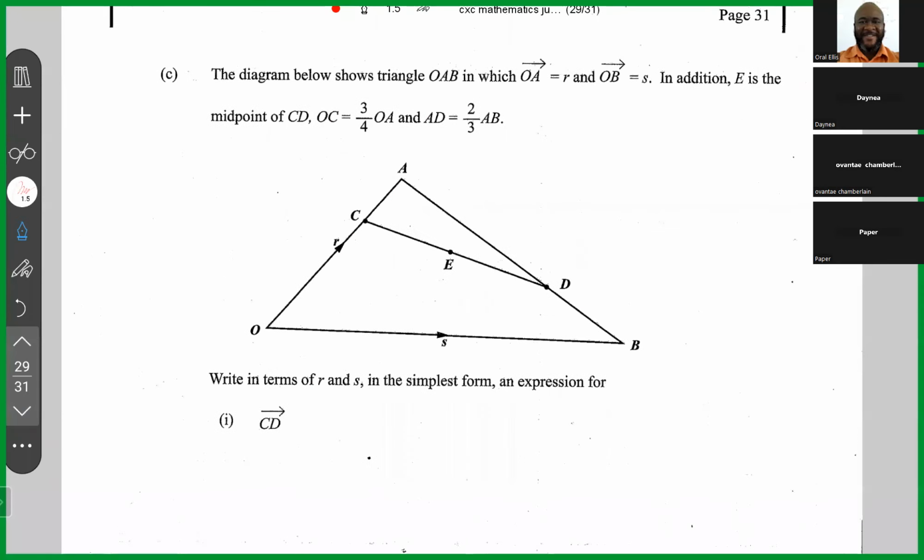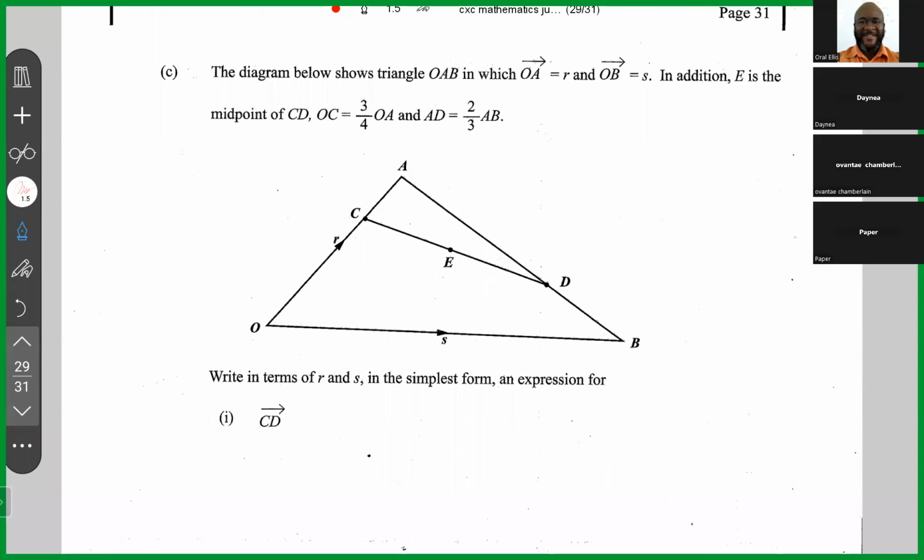All right, the last part of the question, C. This is a question on vectors. It says the diagram below shows triangle OAB, in which the position vector OA is R and the position vector OB is S. In addition, E is the midpoint of CD, and OC is 3/4 of OA.